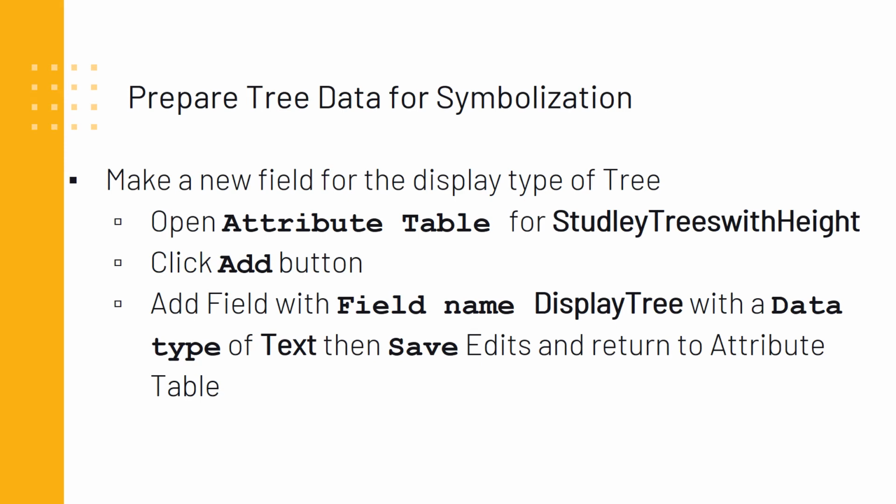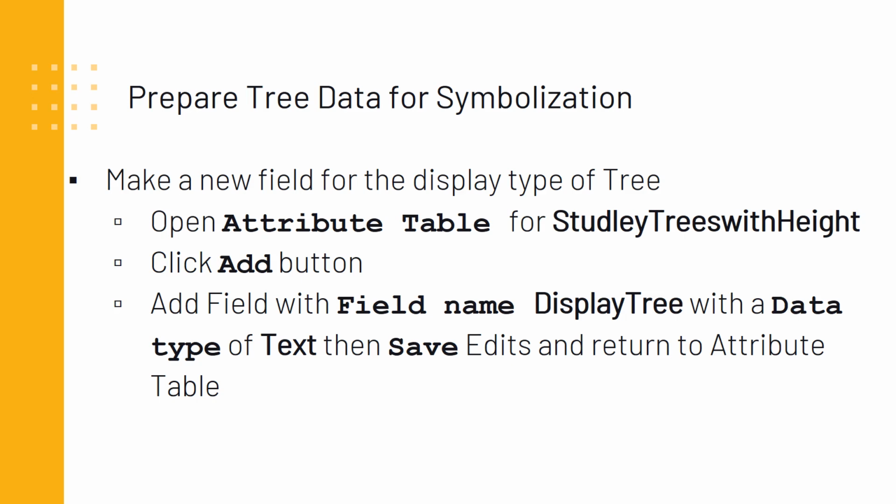So, in order to make sure that we don't alter our original data, we're going to create a new field. To do this, you're going to open the attribute table for the Studley trees with height. You're going to click on the Add button, and you're going to add a field name that's called displayed tree with a data type of text.